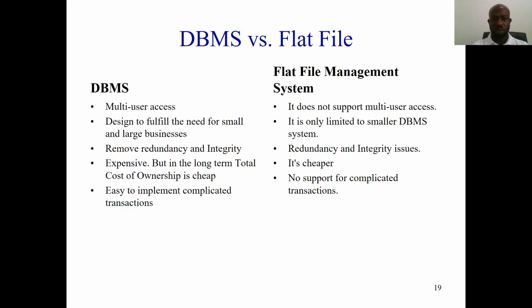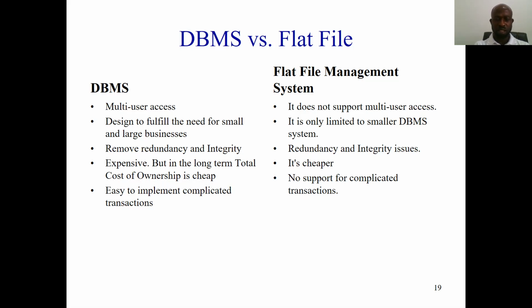Let's now compare a database management system and a flat file, that is the file processing system. DBMS supports multiple users, whilst the flat file management system does not support multiple users. DBMS is designed to fulfill the needs of small and large businesses. The file management system is limited to smaller systems.